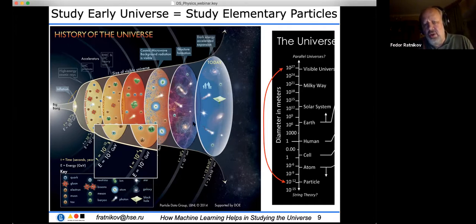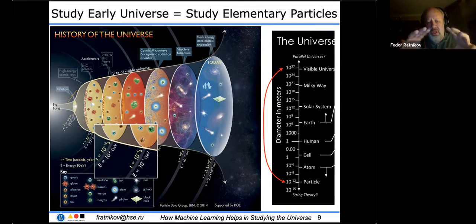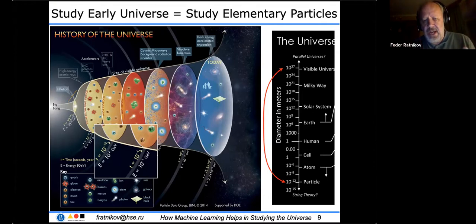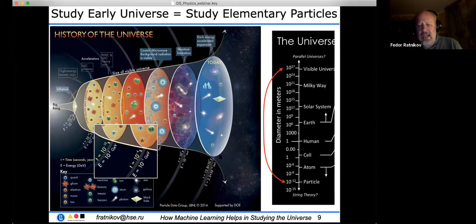As the universe became colder, essentially the particles became colder and colder. So with smaller energy, only those low mass particles survive, those particles which cannot decay to other particles. This essentially makes a connection between the extra big and the extra small. When we want to study the universe at a very early state, we essentially want to study the behavior of particles at those high energies.